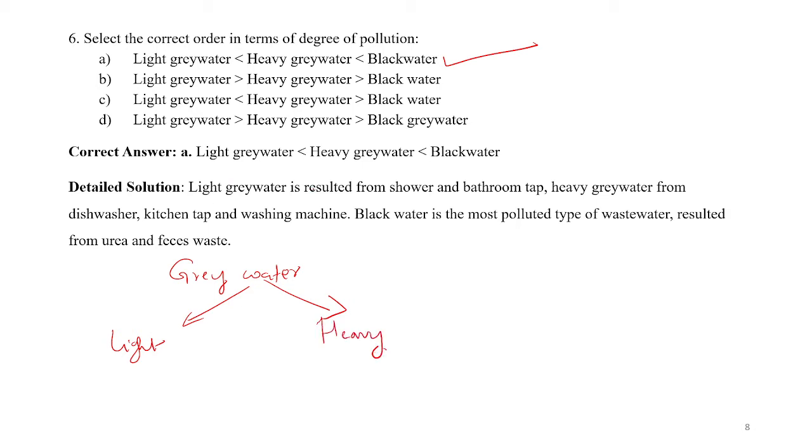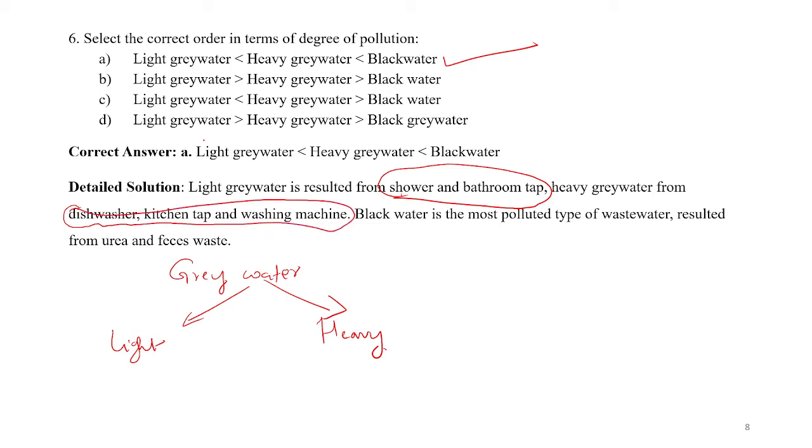Light grey water results from shower and bathroom tap, these two sources. Whereas heavy grey water has a much higher degree of pollution, and it originates from the dishwasher, that is from the kitchen, and also the washing machine. So these are the two types of grey water.